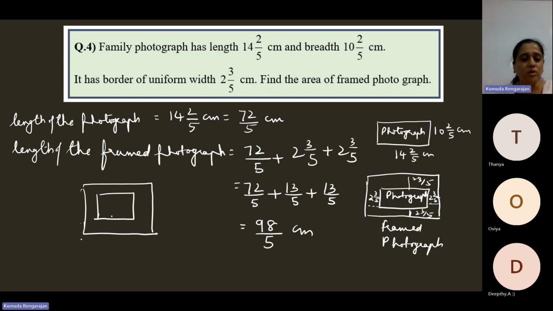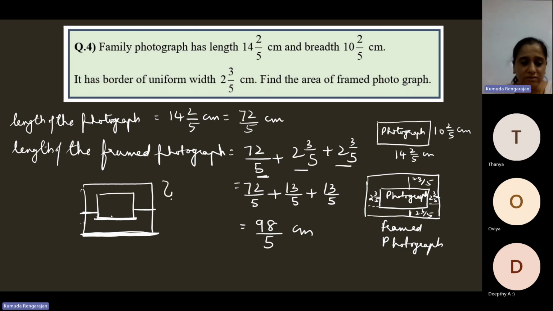So how will you find the length of the framed photograph? It will be this inner length plus the thickness on both the sides. The outer length will be the inner length plus the thickness on both the sides.